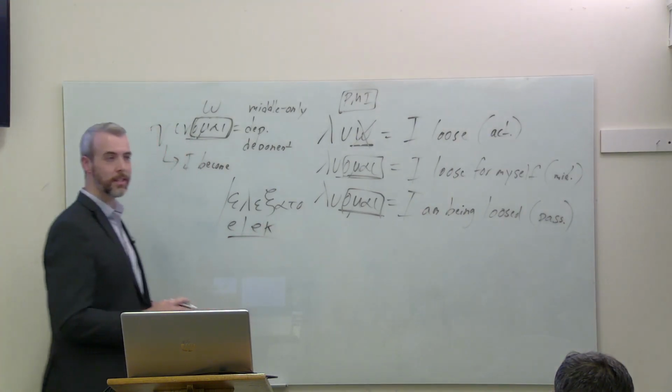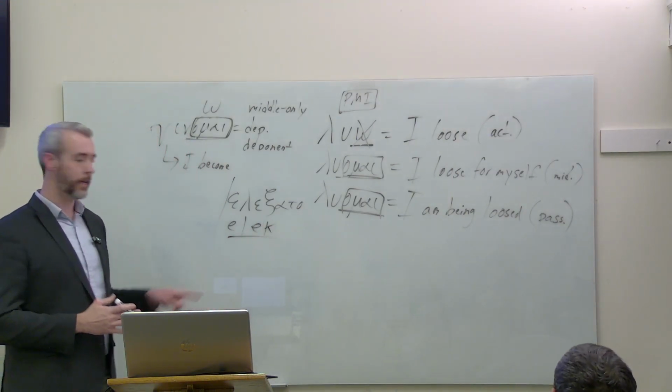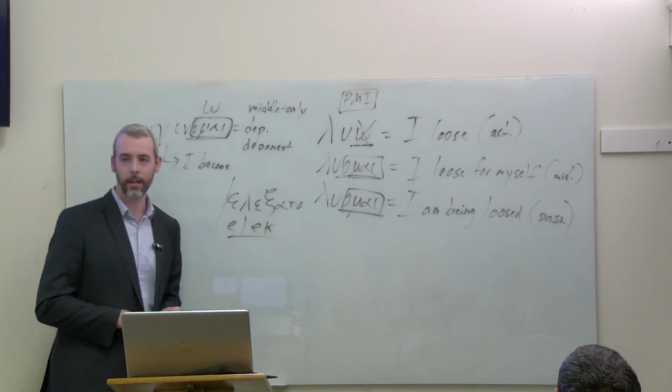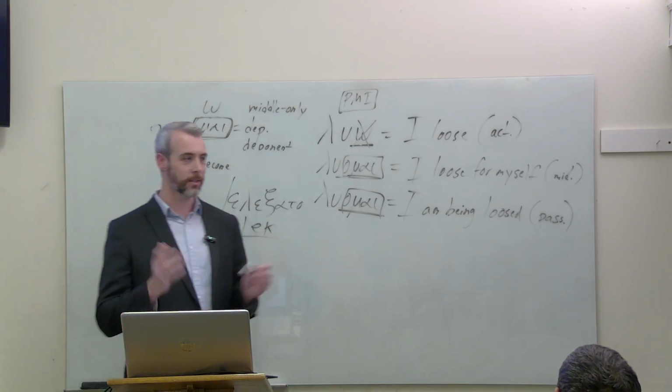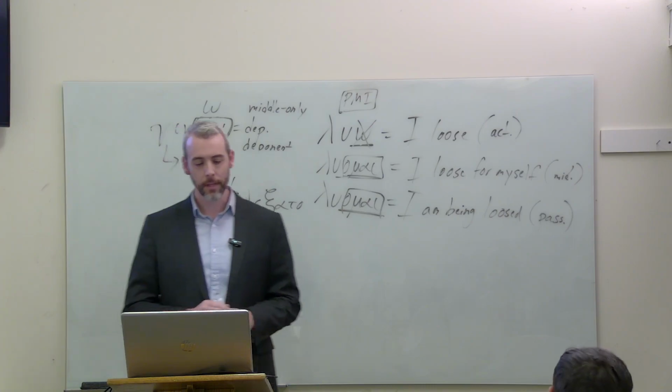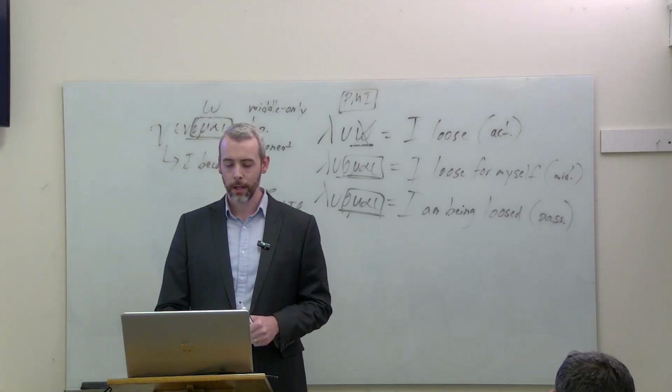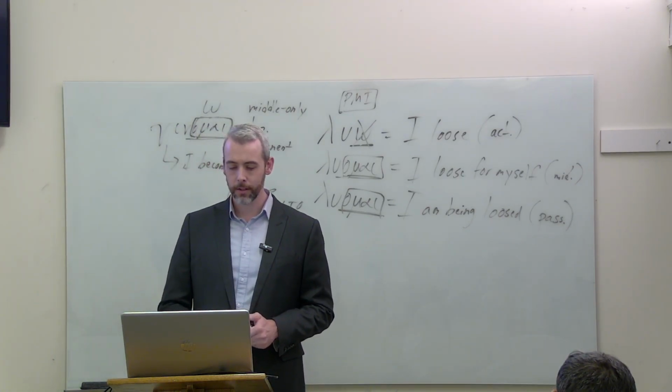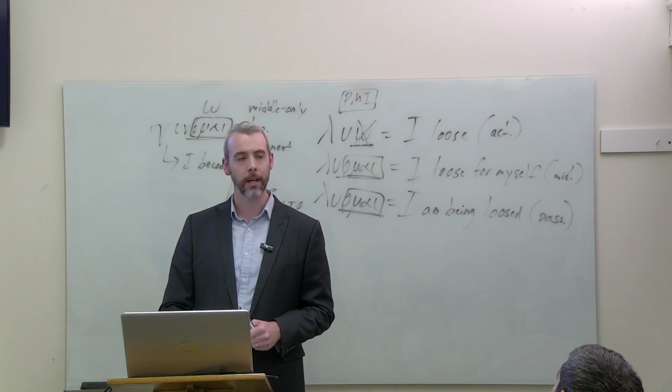You can almost see "elect." We get our word elect from this. That whole concept of election, divine election, comes from this word. He chose. But notice here that you have he chose us. This is an aorist middle indicative.